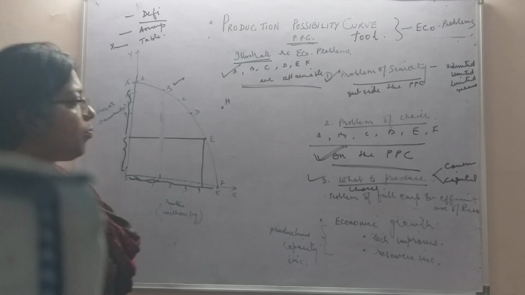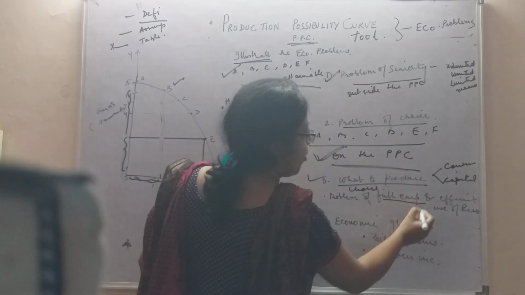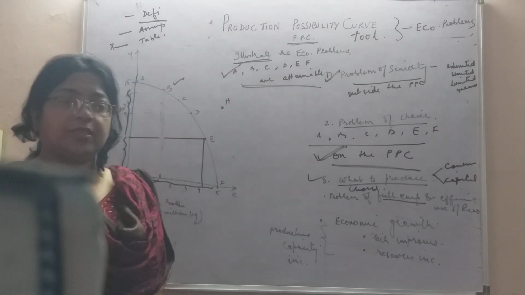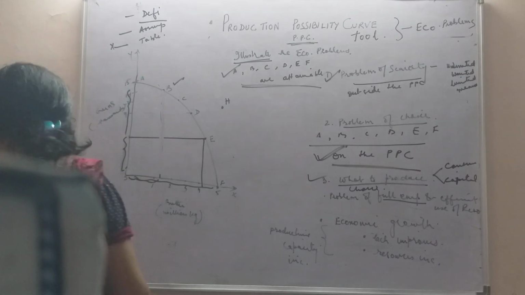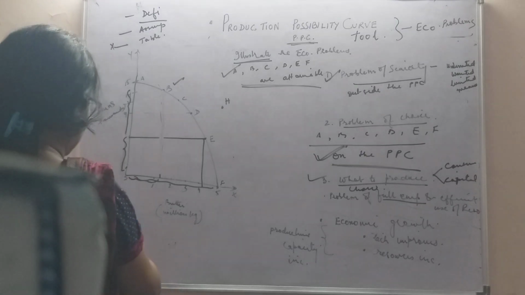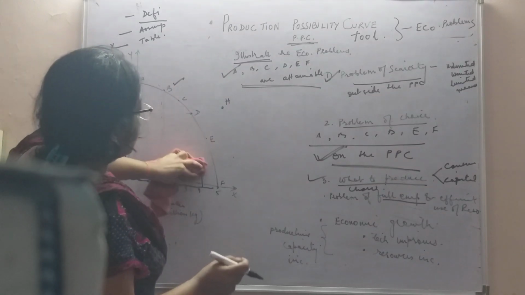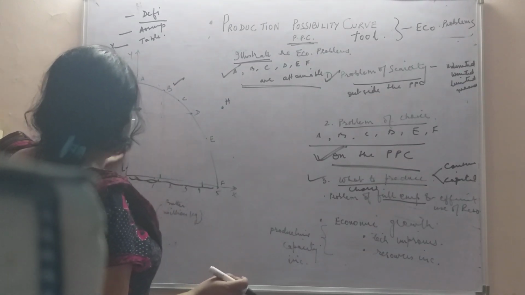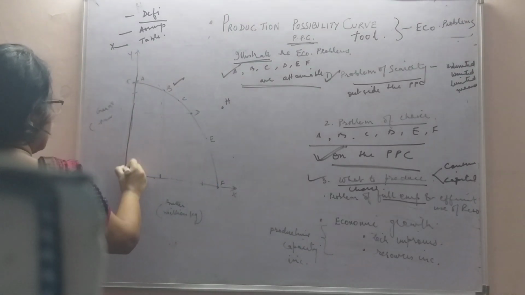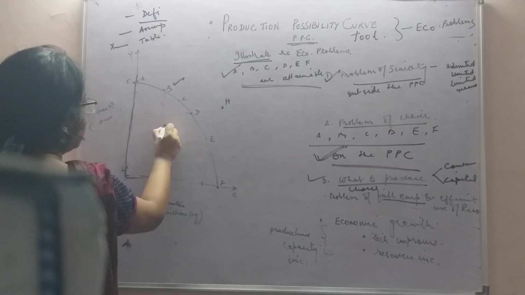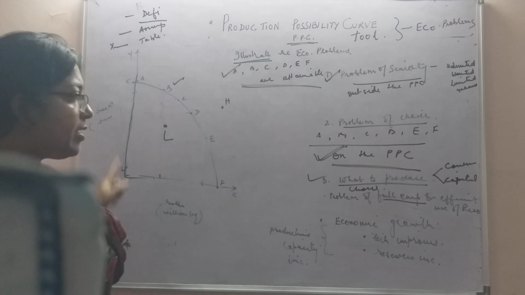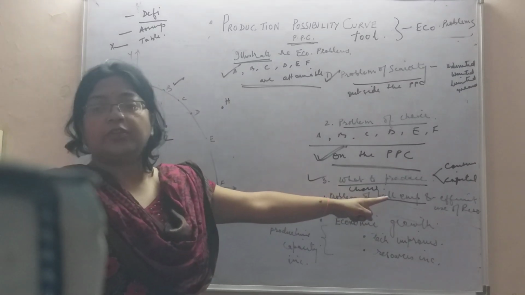Now another major problem faced by countries is full employment. I told you that every country wants to make full use of resources. If its resources are not fully used, there will be wastage of resources. So idle resource is a waste. Every country wants to make maximum and full utilization of its resources. So any point inside the PPC, suppose it is L, indicates unemployment of resources.